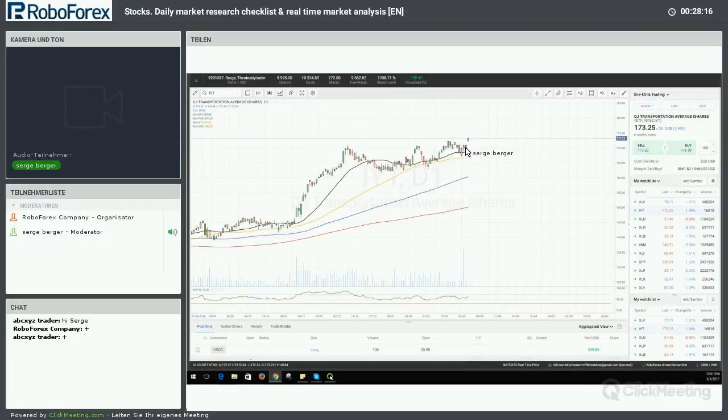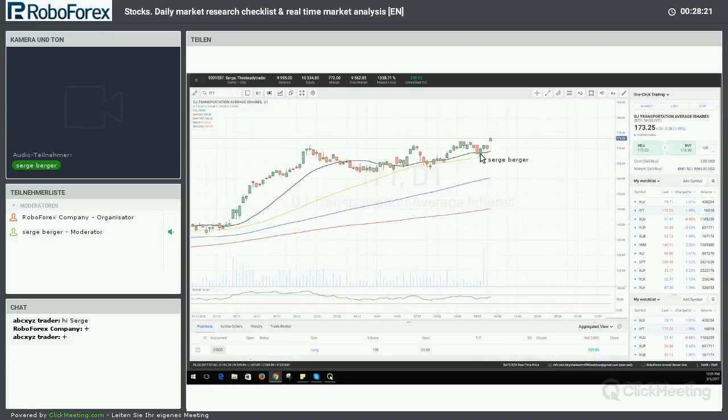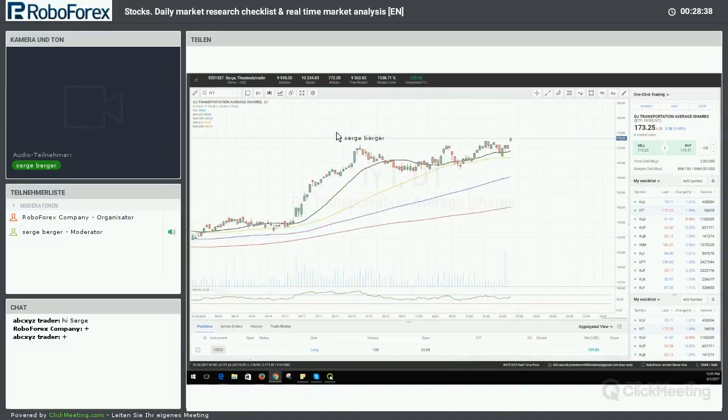So Wednesday, Tuesday, Monday. So last Friday, you can see we had this day right here where my cursor is. After just a couple of days of pushing lower, transportation stocks quickly gave us a bullish reversal on Friday, and then on Monday followed through with more buying. So the transportation stocks too are looking really good.